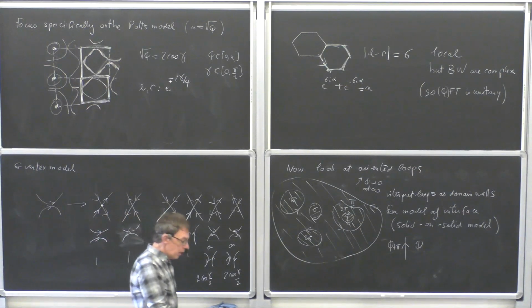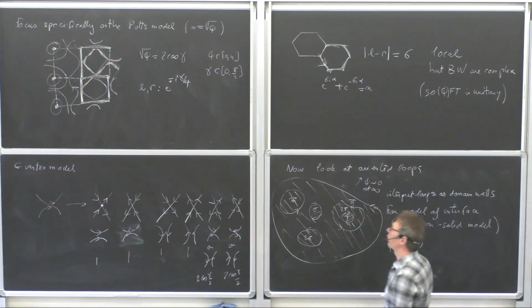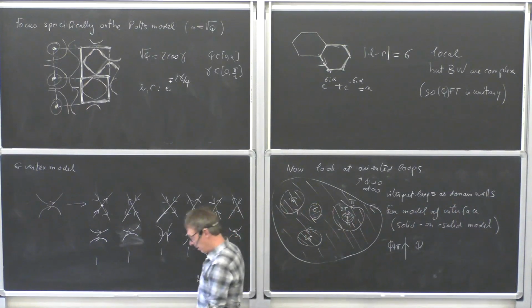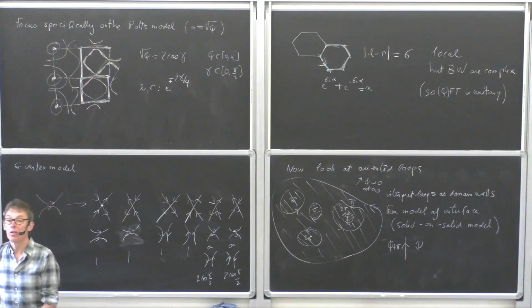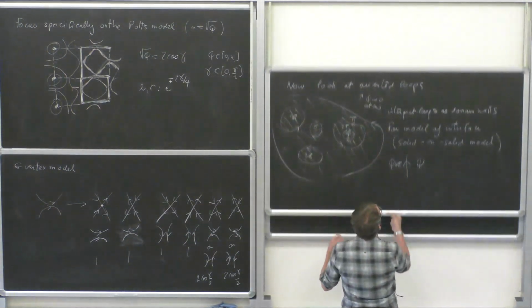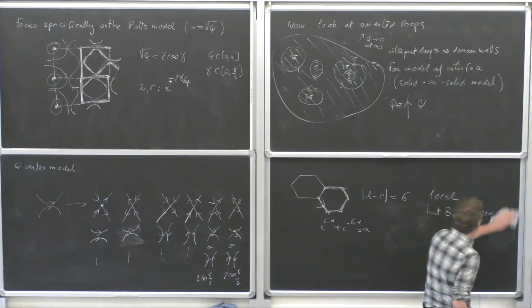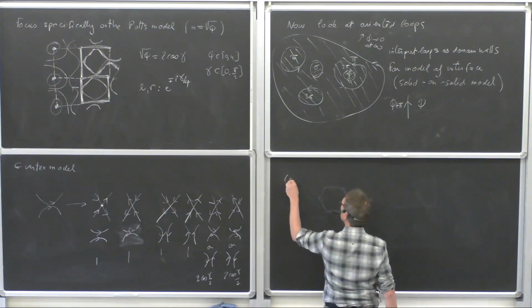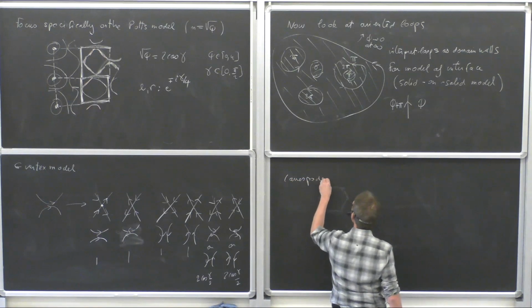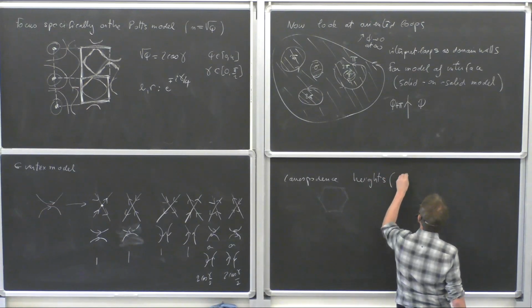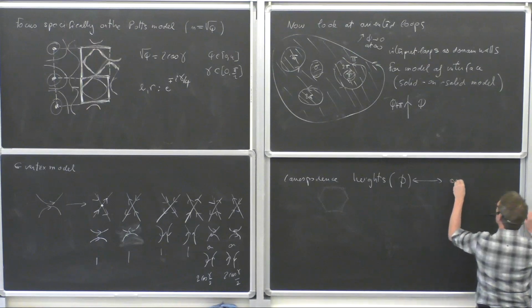It will be yet another square lattice if the loops live on the square lattice as I drew up there. I have a one-to-one correspondence between the heights and the configurations of oriented loops. So this is a nice step. There's a one-to-one correspondence between, once again, heights, and by heights I mean the values of phi, and oriented loops.